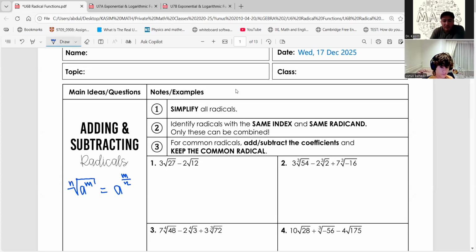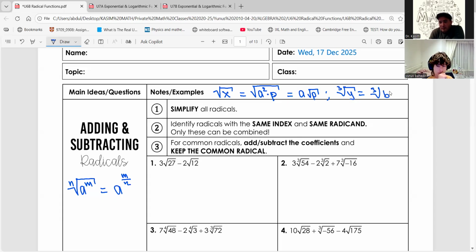Now also, if you remember, how do we simplify this? For example, if we have the square root of something, let's say x, we have to try to write this x as a product of a perfect square and some other number. Let me label this p, so that I can write it as a times square root of p, right? And if we have the cube root of, let's say, y, we try to write y as something cubed.